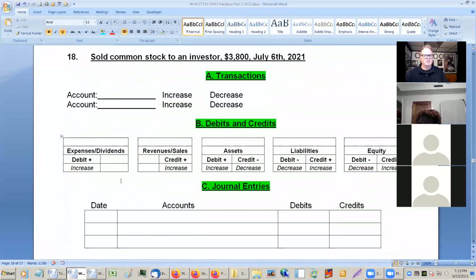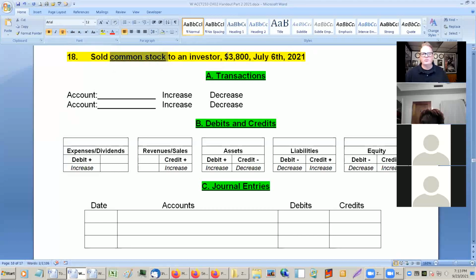Sold common stock to an investor, 3,800. Actually, we had one similar to this already. What accounts are we going to use? Hey, you guys are sleeping, aren't you? I know common stock is one. We gave them the common stock, so they're now owners.